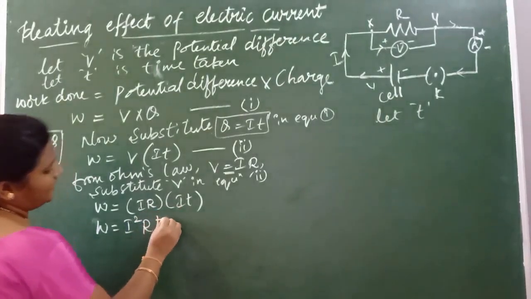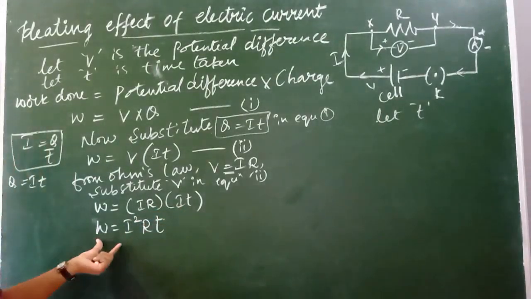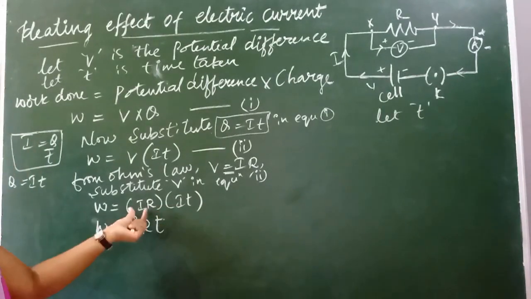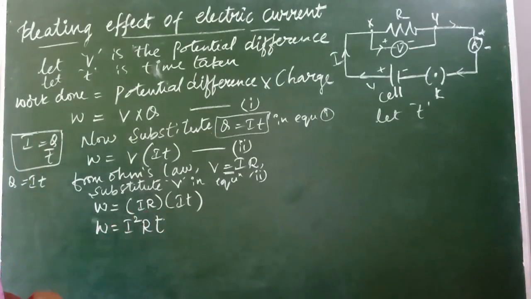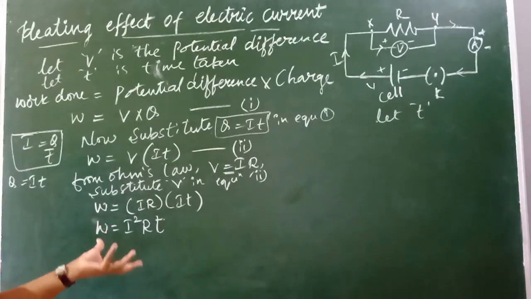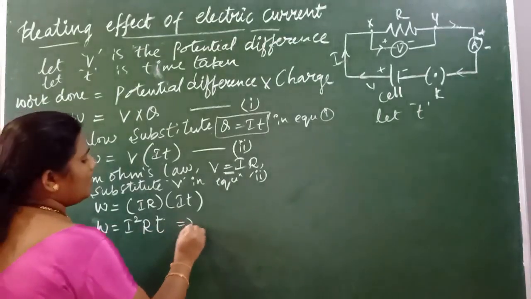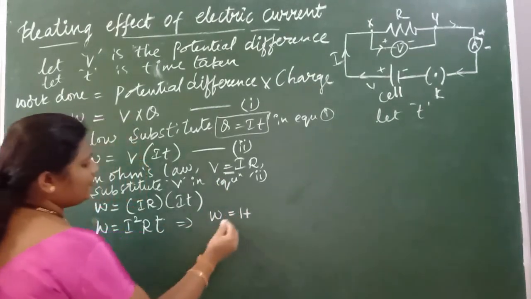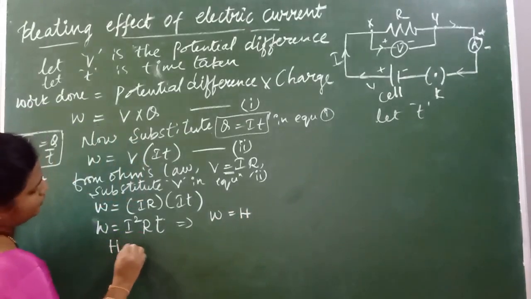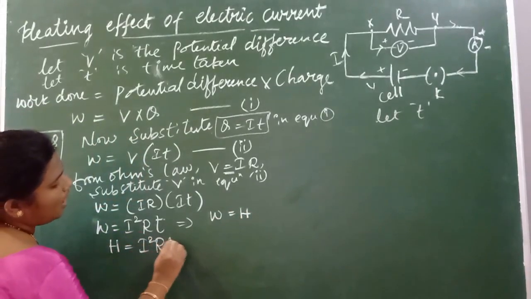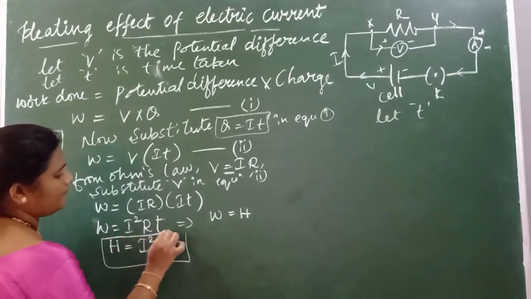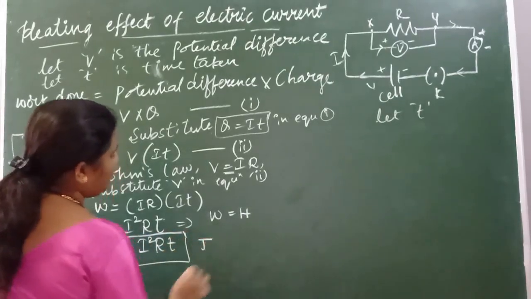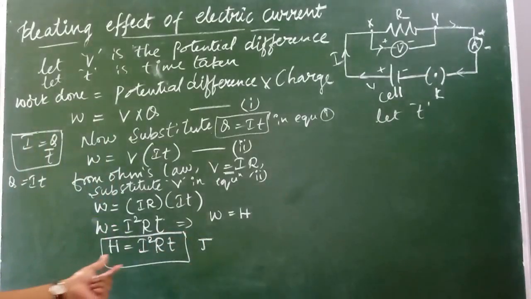R and T. So this work done can be written as I square R into T. Assuming, children, that the electrical energy, the amount of work done, is nothing but the heat produced there, we can write that H is equal to I square into R into T. And the unit of this heat, we know what?